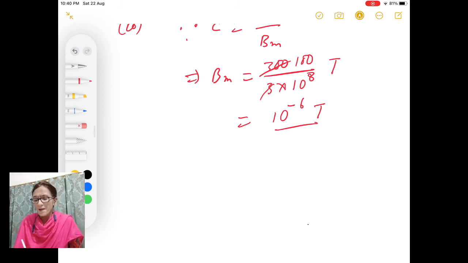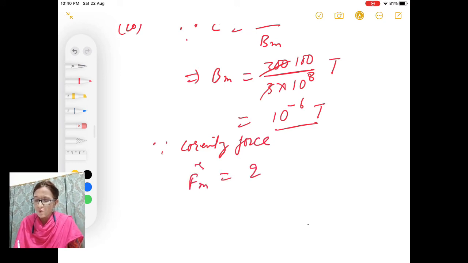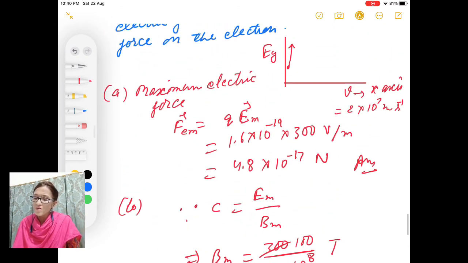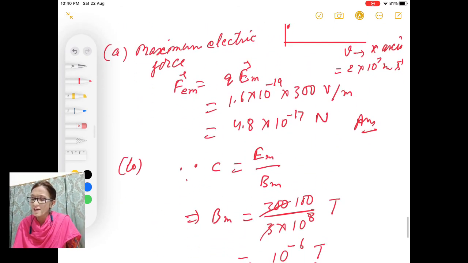Now we will be applying the Lorentz force. F maximum will be equal to QV cross B maximum, and this is equal to, for Q we will be writing the value of the electron's charge 1.6 into 10 to power minus 19, and the velocity of this wave is 2 into 10 to power 7.